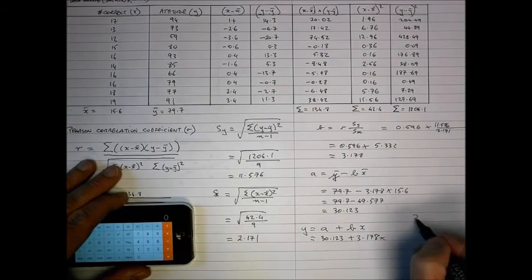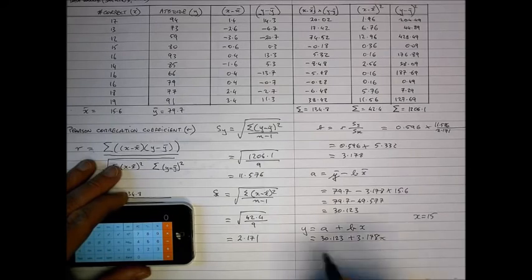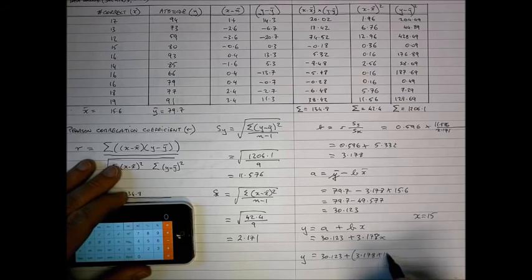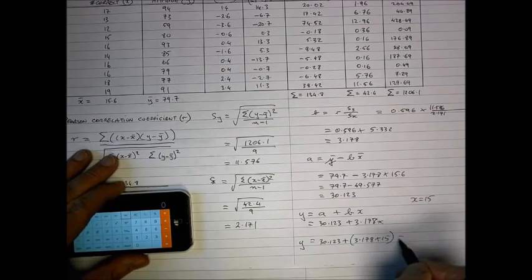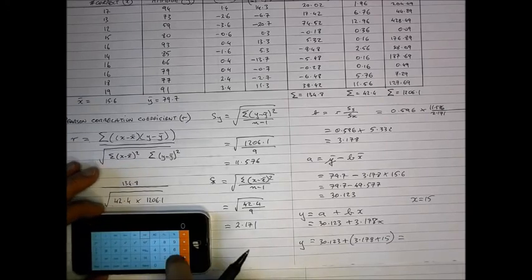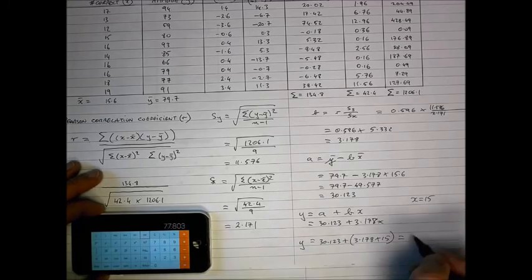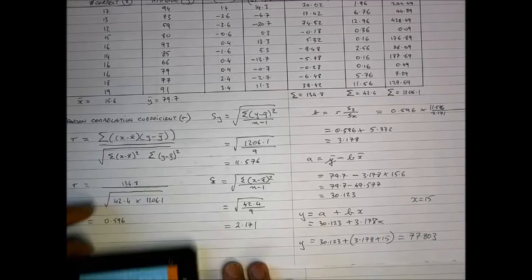Supposing x is equal to 15, then y will be equal to 30.123 plus 3.178 multiplied by 15. Let me do that in the calculator. 3.178 multiplied by 15 is 47.67, plus my 30.123 gives me a value of 77.803.